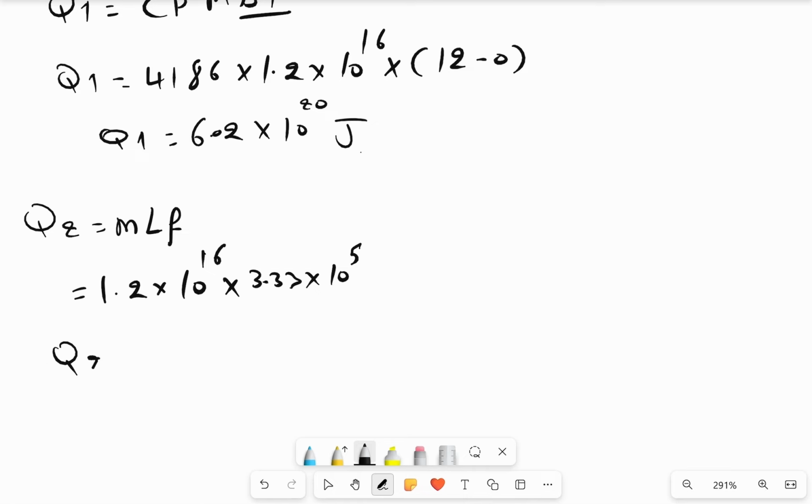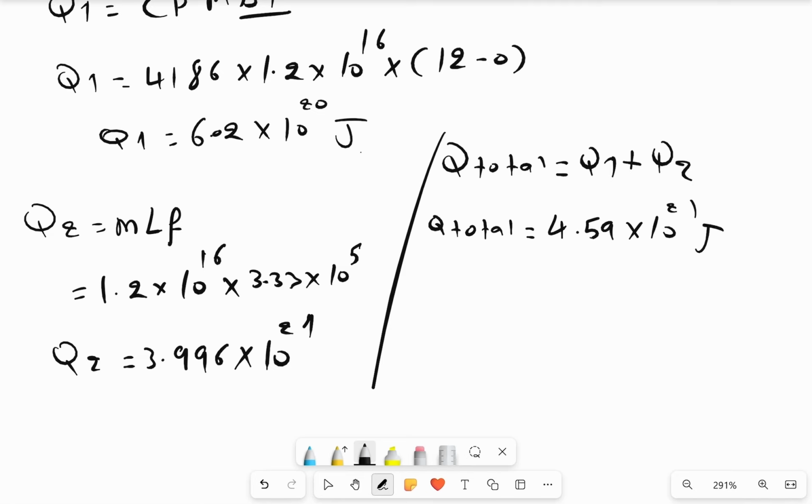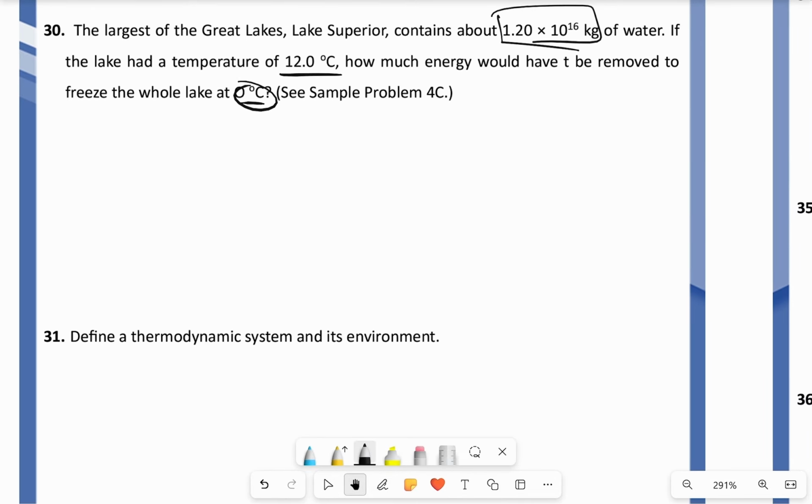Then Q2 is going to be equal to 3.996 times 10 to the power of 21. Now Q total is going to be Q1 plus Q2. If you add them together, Q total is going to be equal to 4.59 times 10 to the power of 21 joules. And that's it.